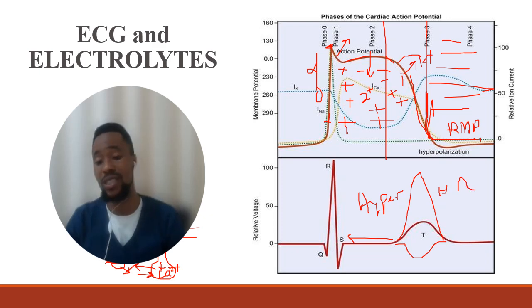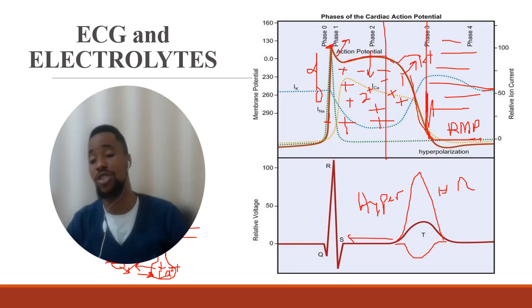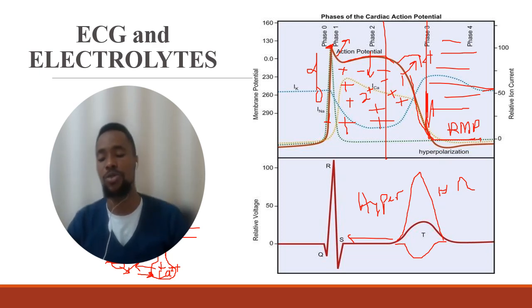But in some patients, they might have a U wave without it. U wave is another waveform after the T wave. Normally, it's supposed to be T wave, then P wave, but you might have a U wave before another P wave. It looks like you're having two P waves, but it's only small most times. You can see it on patients and it doesn't mean anything, but in some patients, it can mean severe hypokalemia.